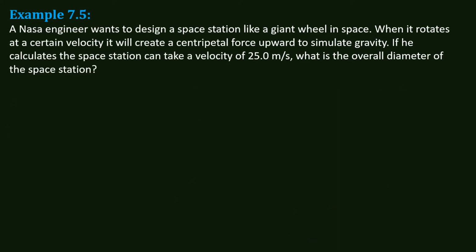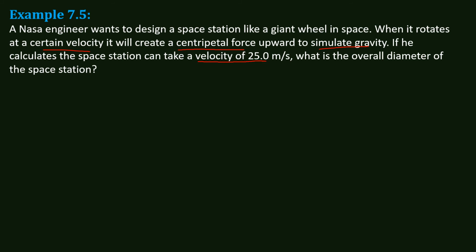So let's look at a problem. A NASA engineer wants to design a space station like a giant wheel in space. When it rotates at a certain velocity, it will create a centripetal force upward to simulate gravity. If he calculates a space station can take a velocity load of 25 meters per second, what is the overall diameter of the space station?